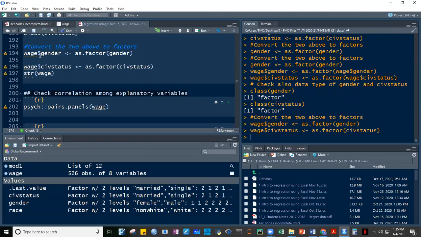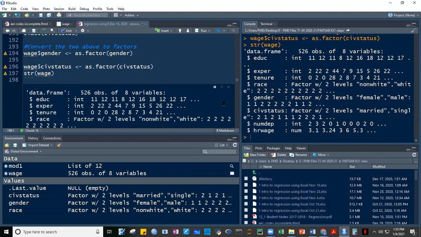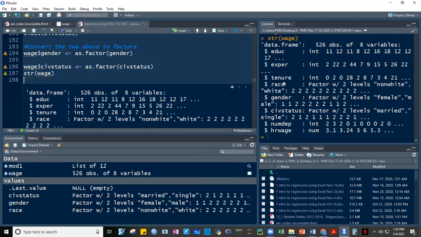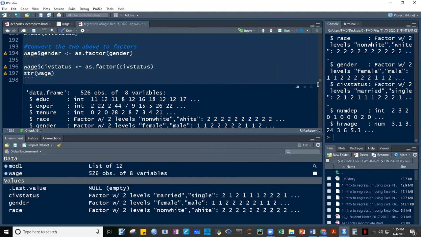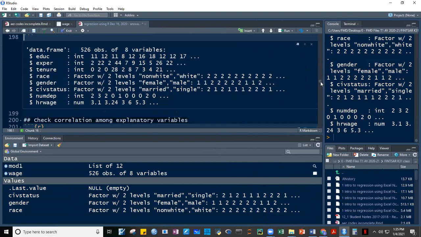Okay. So careful guys kasi assignment operator nga pala to, no? So mali yung ginawa ko kanina. Alright, factor na si race, factor na. Okay, so factor na silang tatlo guys: si race, si gender, at saka si civil status. Okay, what was my mistake? I was very careless about it.